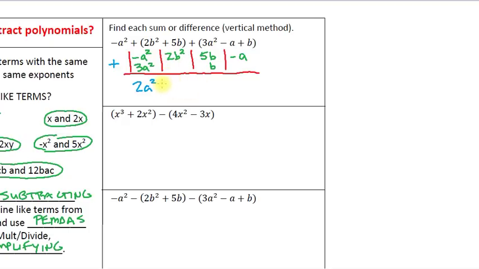The 2b squared doesn't change, and since that's a positive number, we write a plus. 5b plus b is 6b. And negative a just stays by itself. And there is the answer, 2a squared plus 2b squared plus 6b minus a, using the vertical method. Let's do another one.